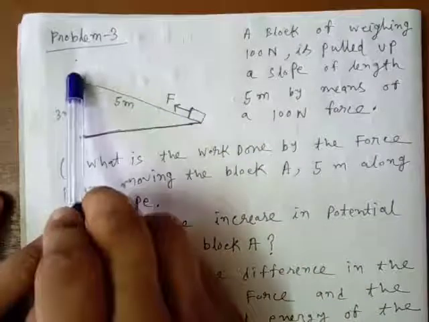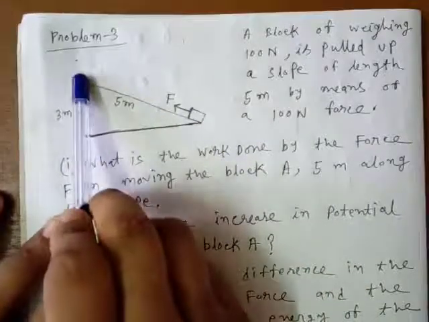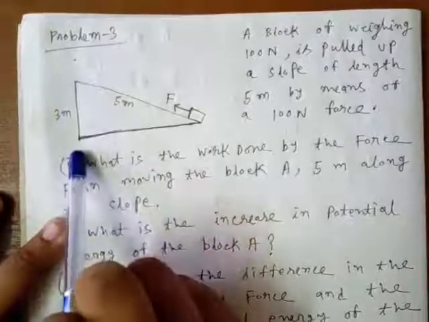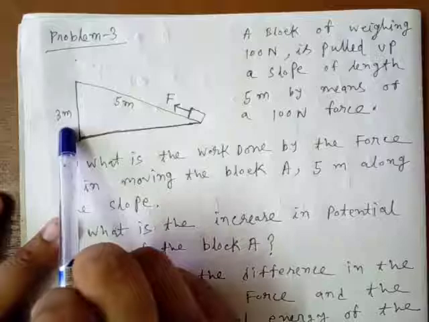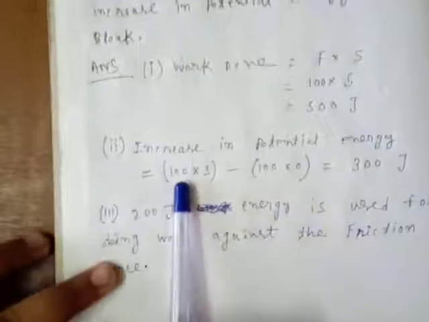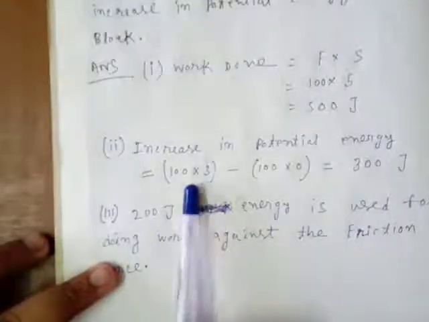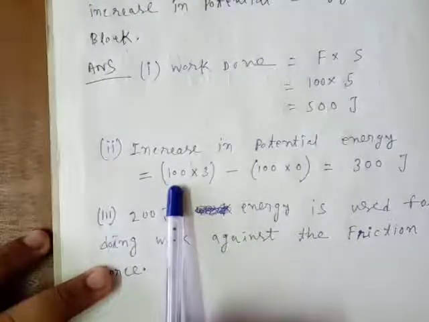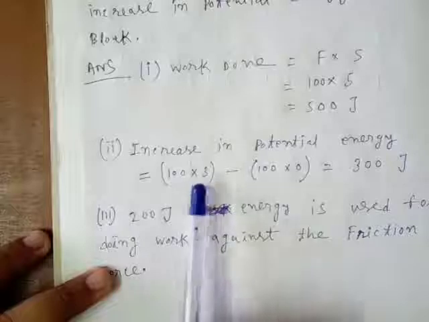When finally the body reaches here, the top of the inclined plane, the height of that body from the ground is 3 meter, so potential energy of that body becomes 100 multiplied by 3, because the weight of the body is 100, that means mg is 100 Newton, and height is 3 meter.